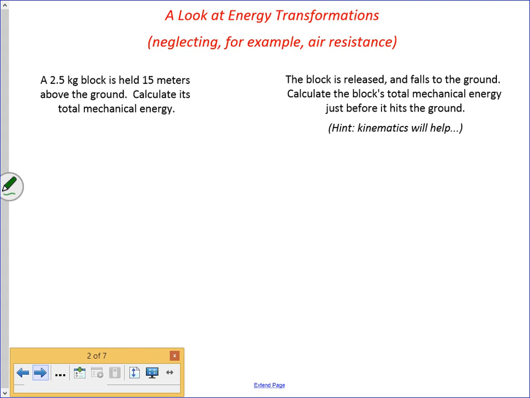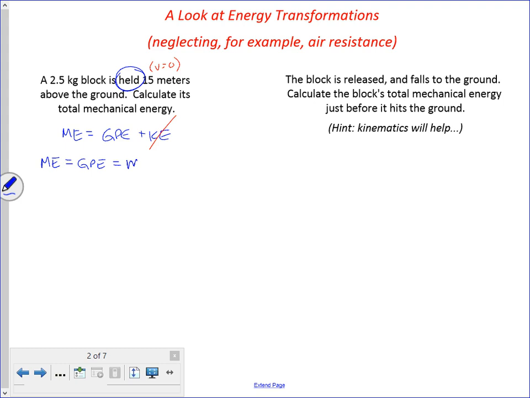Okay? All right. So let's look at a little different case, and again, we'll neglect something like air resistance, and let's look at a 2.5 kilogram block held 15 meters above the ground. Calculate total mechanical energy. Okay, so mechanical energy, by definition, is the sum of GPE and KE. Held tells me that KE goes to zero. So ME is just GPE, which is just mgh.